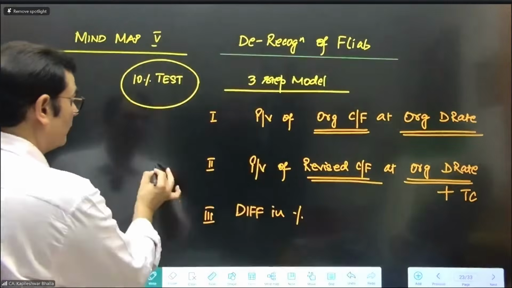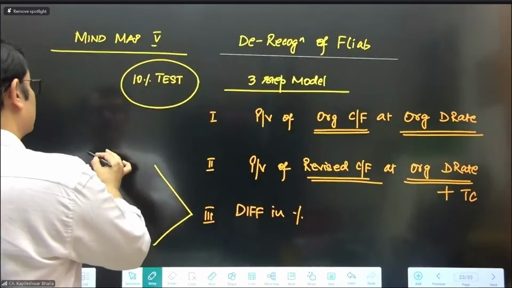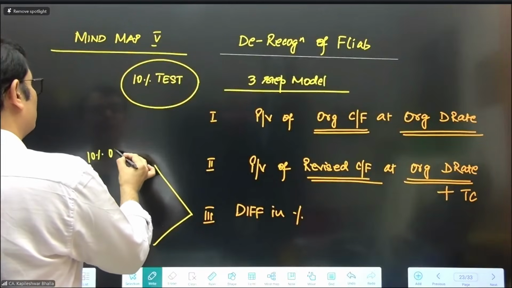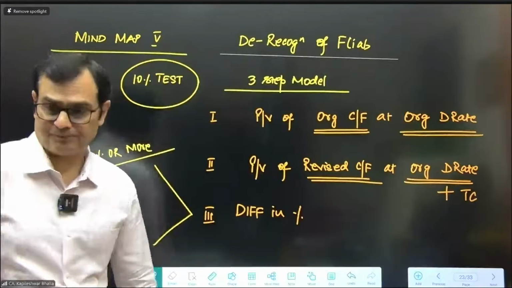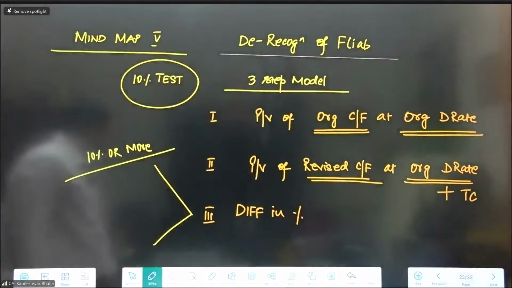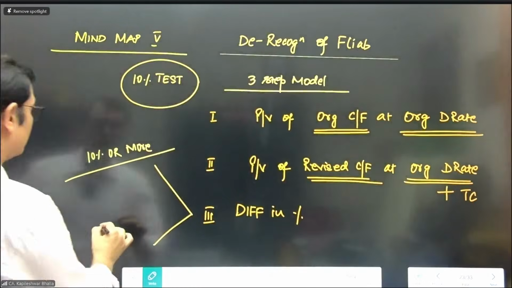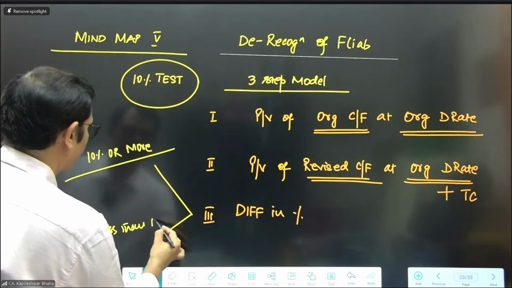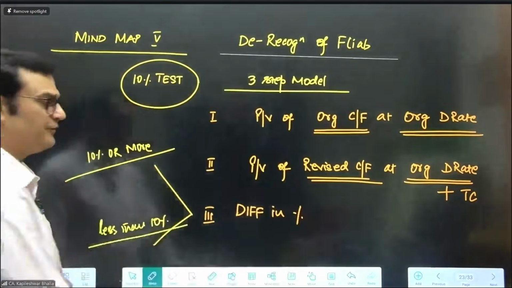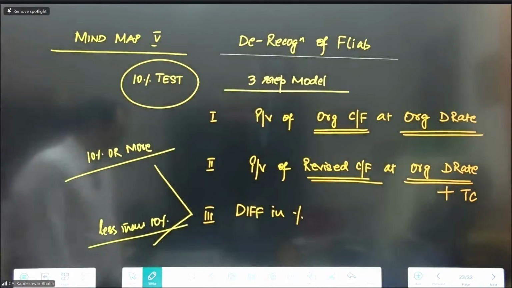And then you would recall, if this difference is 10% or more, what accounting applies? If the difference is 10% or more, what accounting? And if it is less than 10%, then which accounting applies? That's rightly said.